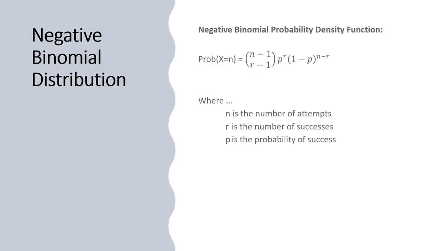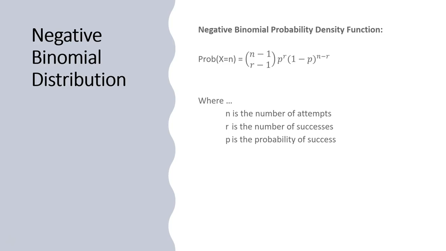And so when we look at the formula for the negative binomial distribution, we're looking at the probability density function. Here n would be the number of attempts, r would be our number of successes, and p is once again the probability of success.